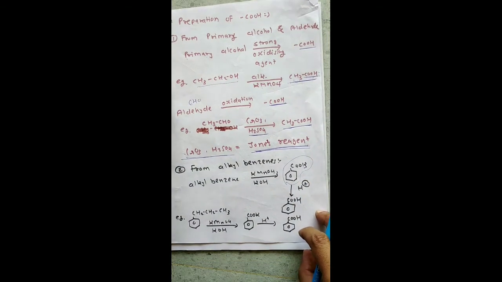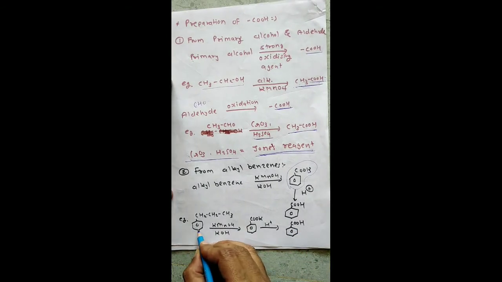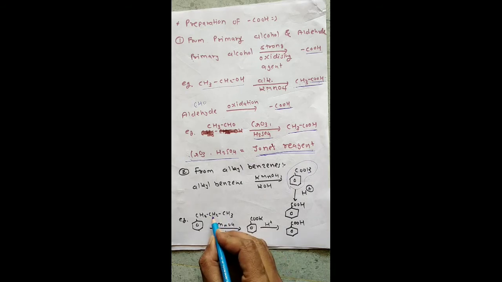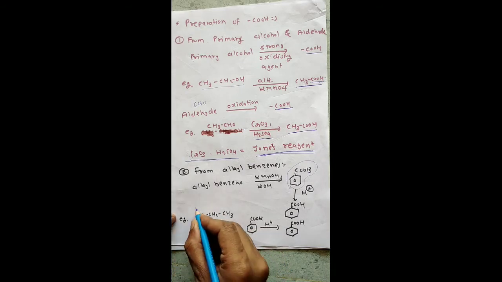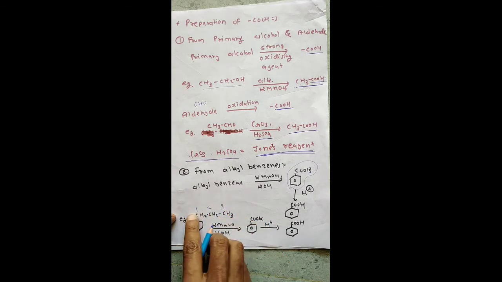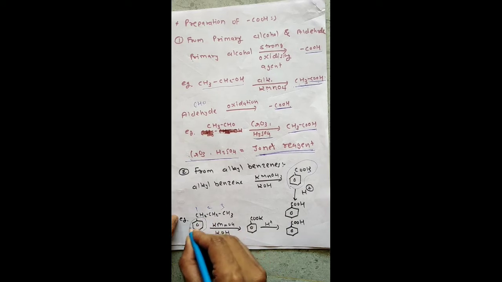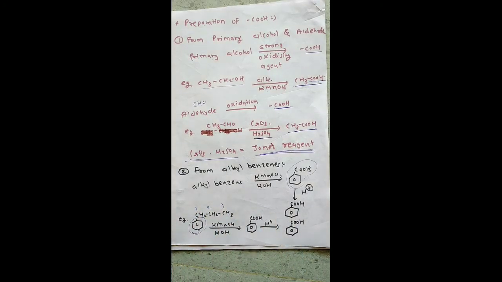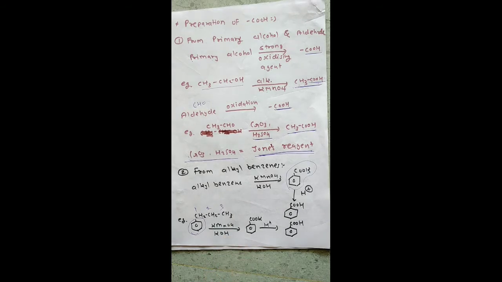Now here you can see one example I have written. It is 1-phenyl propane. You can see first carbon, second, third, total 3 carbons are there, so it is propane. On the first carbon we have a phenyl group, so 1-phenyl propane, that is our starting material. When it reacts with KMnO4 in presence of KOH, what you have to do?